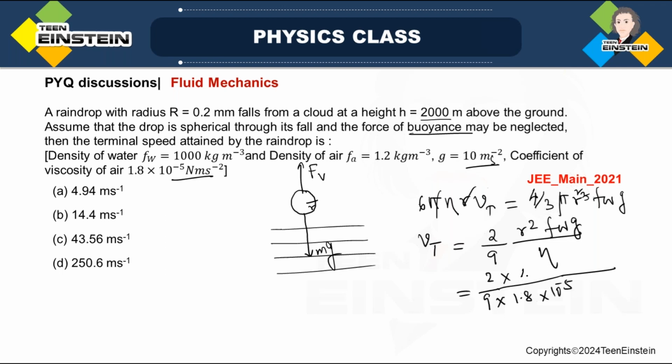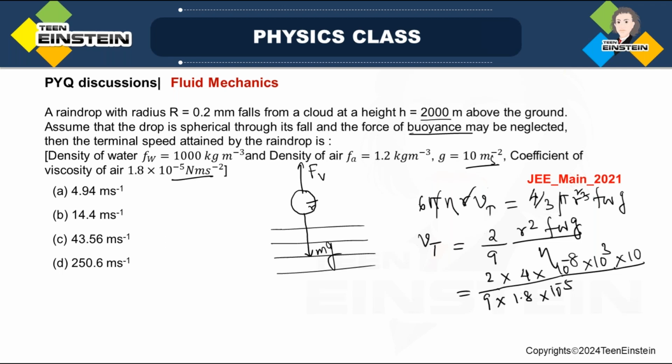So the square of that will be 4 into 10 to the power minus 8. Okay. What else? We have rho w as 10 to the power 3 kg per meter cube, and g is 10.